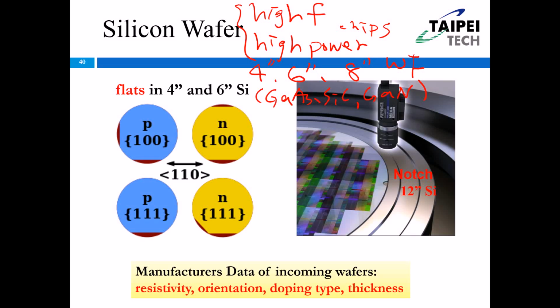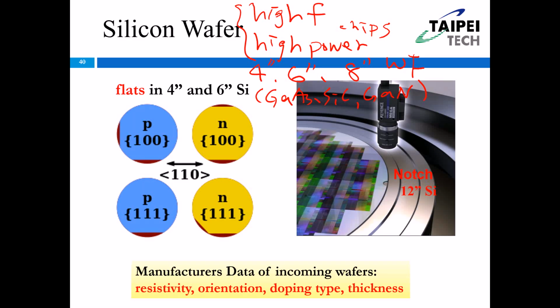For these compound semiconductors, the wafer is smaller because it's a compound semiconductor. It's not pure silicon, not only one element. So it's very difficult for all of these compound semiconductors to fabricate a uniform and high purity wafer. So for these compound semiconductors, the wafer in production will be smaller, okay?